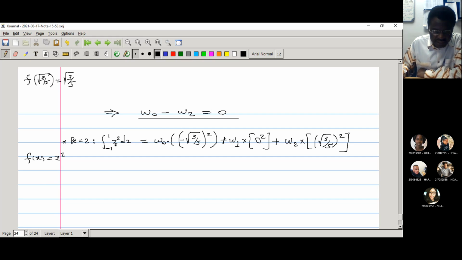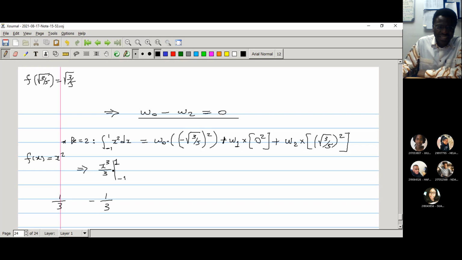Now, if I integrate this, so if I evaluate this function at 1, it is 1 by 3. If I evaluate this at 1, it is negative 1 by 3.